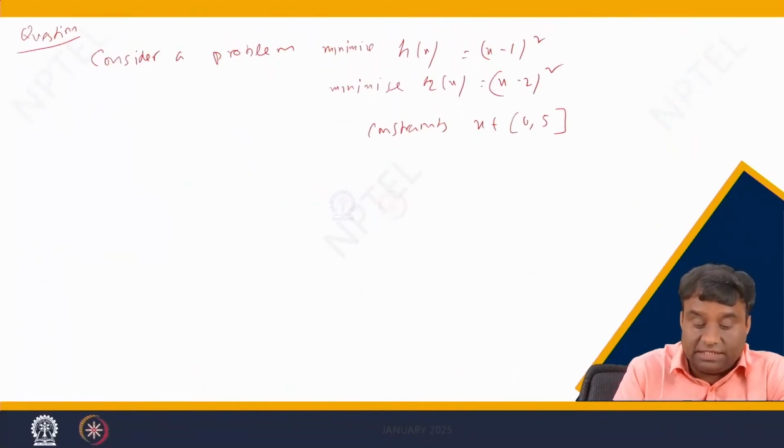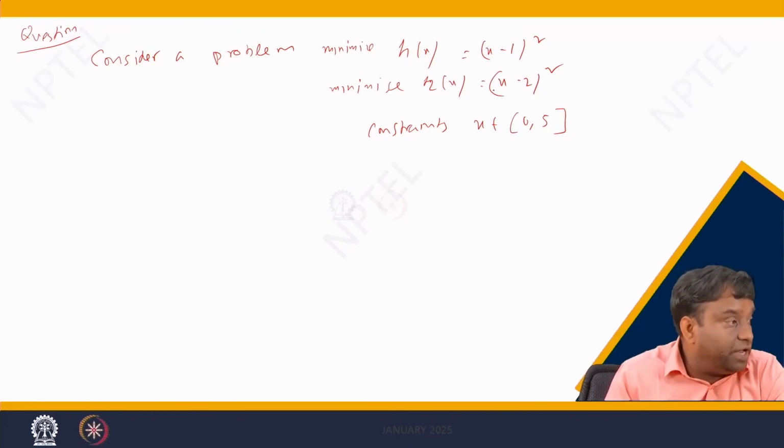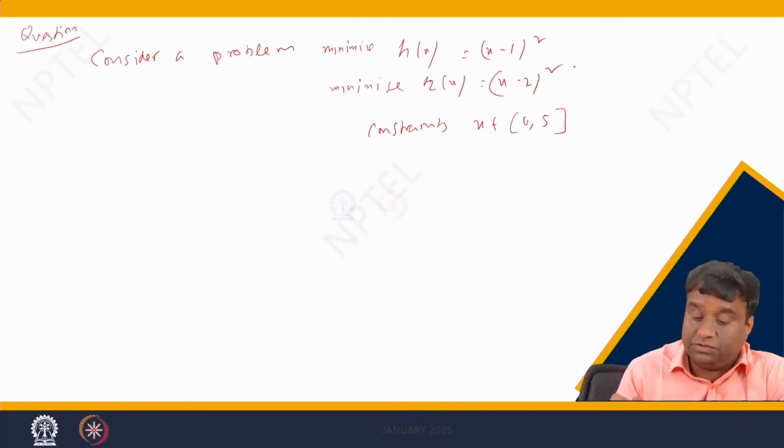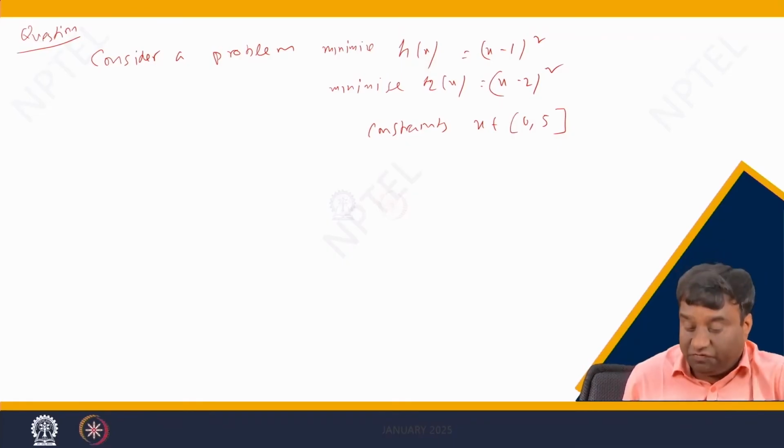So next, consider a problem: minimize f1(x) equal to (x minus 1) whole squared, minimize f2(x) equal to (x minus 2) whole squared. The constraint is that x belongs to 0 to 5.